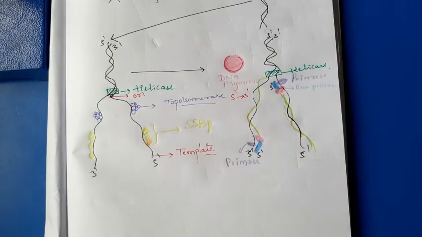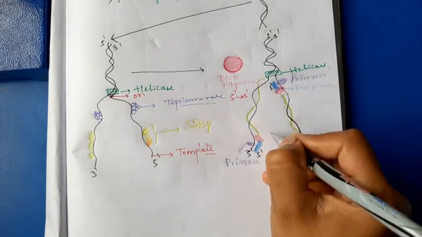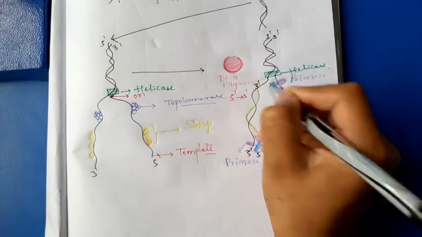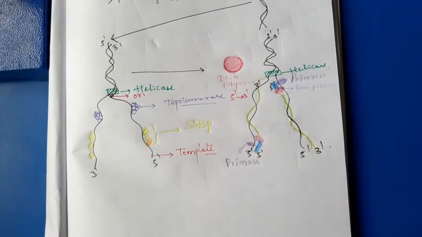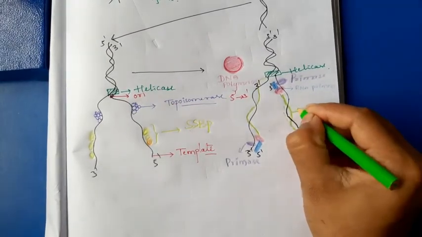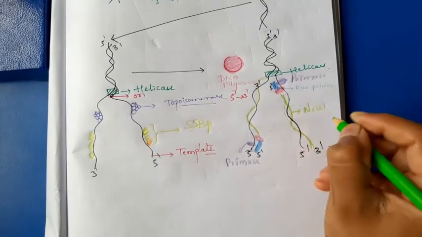I hope all of you are getting this. It goes in the 5' to 3' direction. Here also, the same thing, 5' to 3' direction. This strand is the newly synthesized strand, the new strand.